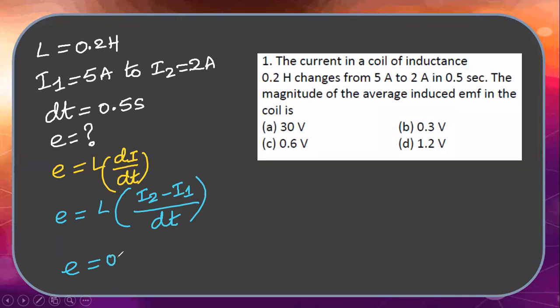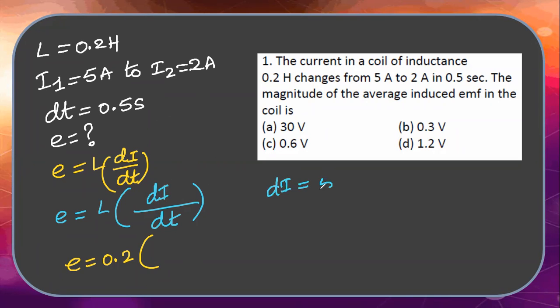So E is equal to L, which is 0.2, into I2 minus I1. The current changes from 5 amperes to 2 amperes, so we take the difference only. di is equal to 5 minus 2, that is equal to 3 amperes.